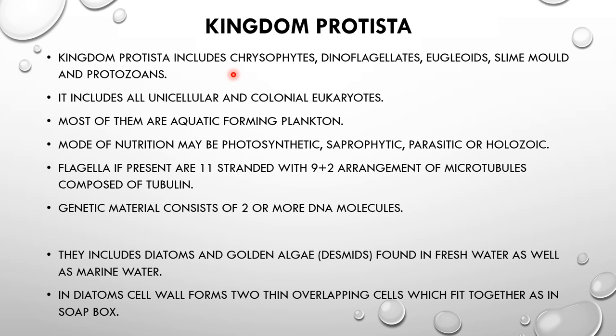Because these organisms are eukaryotic in nature, the Protistan cell body contains a well-defined nucleus, and membrane-bounded organelles are also present. Some have flagella, some have cilia for movement.